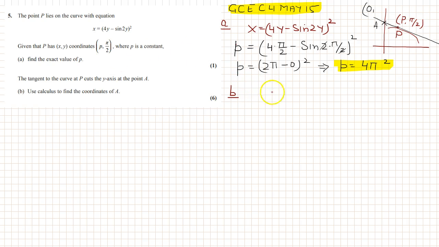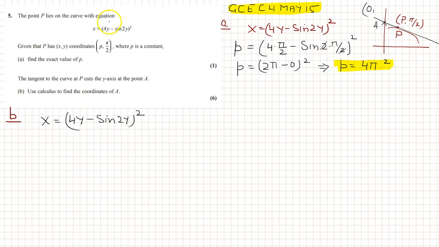Part b. So x is equal to 4y minus sine 2y square.